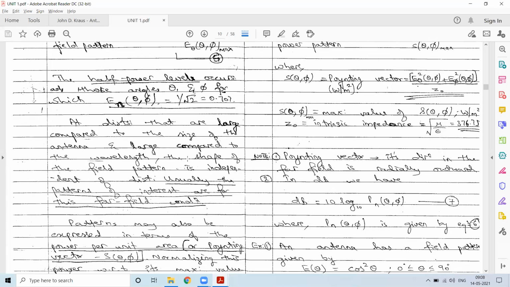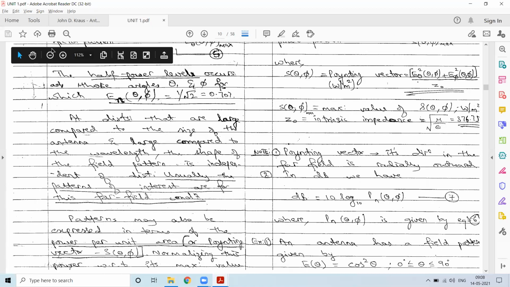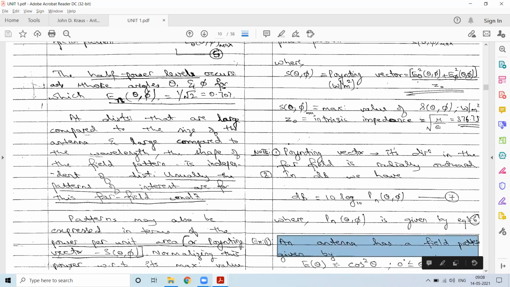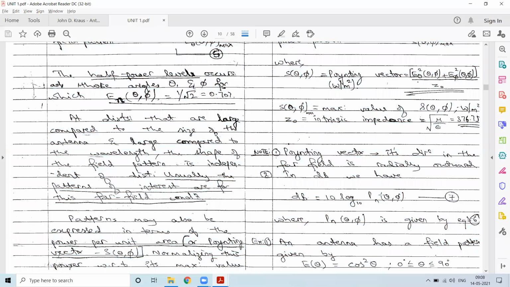Even I require the concept which we had discussed over in this part. In previous sessions, we had seen how we can obtain the half power beam width and first null beam width. So here, if this pattern is given, E of theta is equal to cos square of theta, how do you identify the half power beam width?